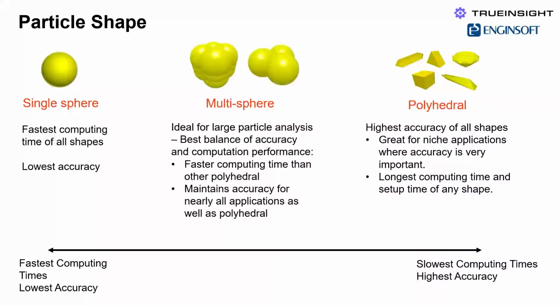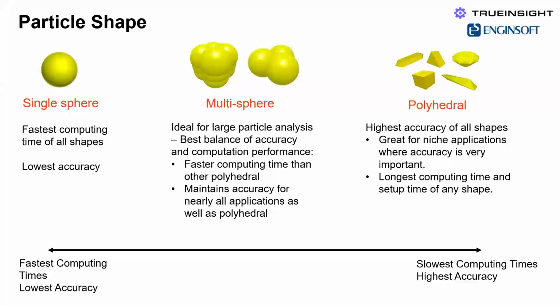And not being shown on this slide is actually there's also the capability in EDEM to add some flexibility to these shapes, and that is quite useful in some of the agricultural applications, but it could be applied to a variety of other industries as well, where they may have some kind of a crop that flexes.